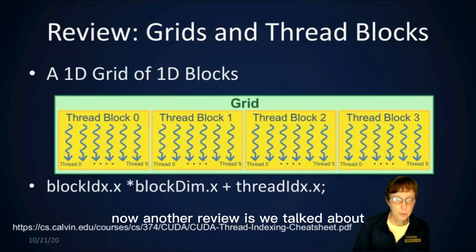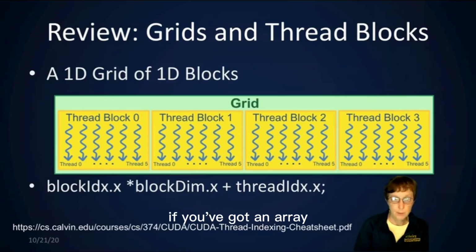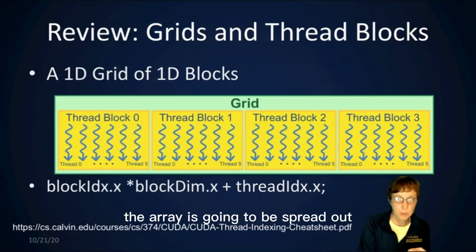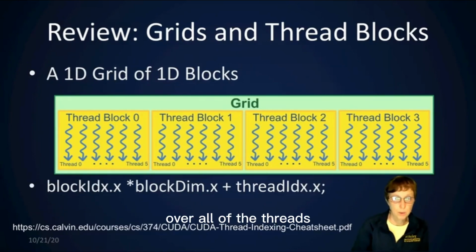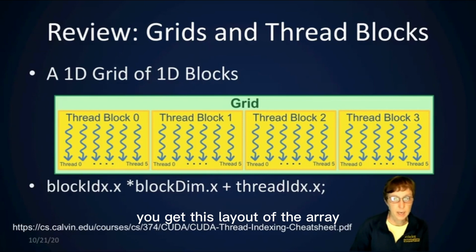Now, another review is, given this hierarchical parallelism, if you've got an array, the array is going to be spread out over all of the threads and all of the blocks in the grid. So you've got, say, a one-dimensional array that's declared in a kernel, and you get this layout of the array.